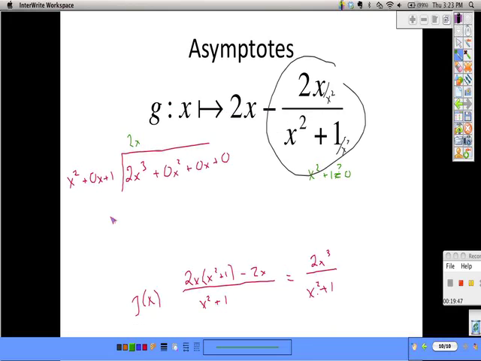I get 2x, that would give me 2x cubed plus 0x squared plus 2x. I'm going to subtract the two lines. And since x squared can't become 2x, this is my remainder.